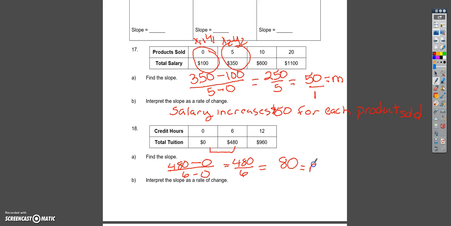So the slope is 80, or 80 over 1. So the total tuition increases, because it's positive, $80 for 1 credit hour, or for each credit hour.